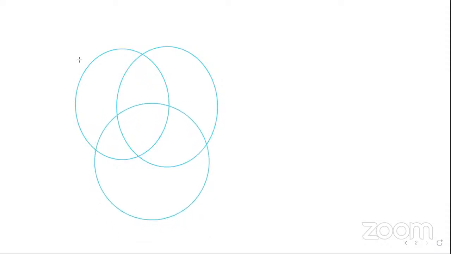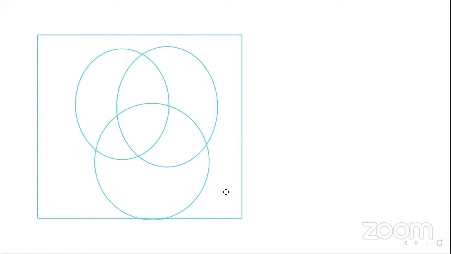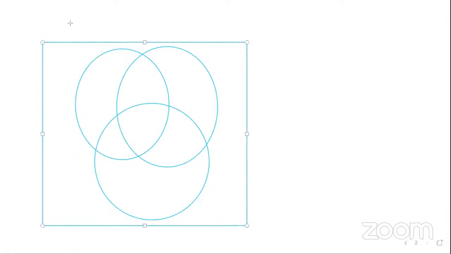Yes, just like that. And we construct a universal set. Now we are beginning to represent the information given to us on the Venn diagram.